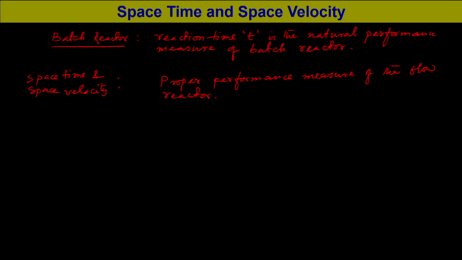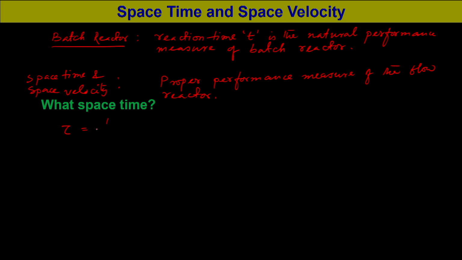Now, how to define space time? It is symbolized with tau instead of t, and the space velocity is represented with s.